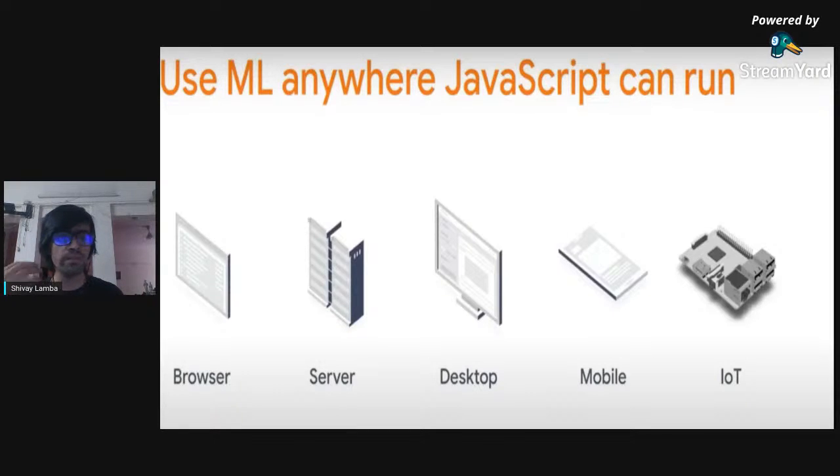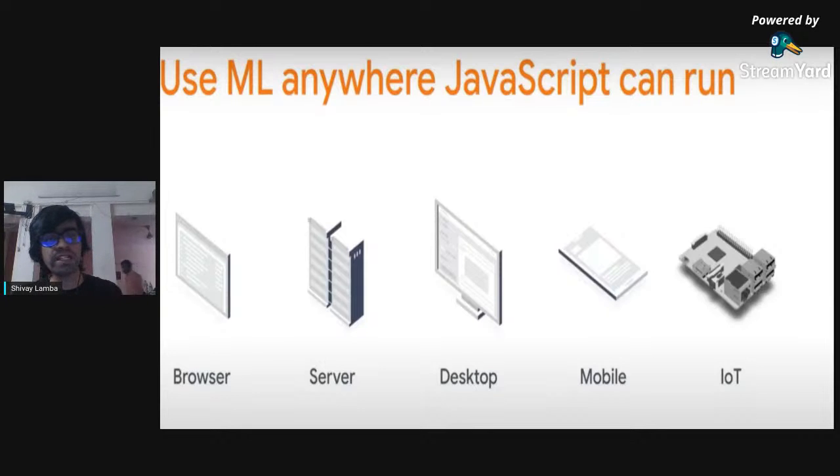Now this slide covers the extent of machine learning that you can use with JavaScript. JavaScript is a very powerful language that can be used to create browser-based applications, server-based applications, desktop applications. You can create mobile applications. You can create IoT-enabled applications by using JavaScript.